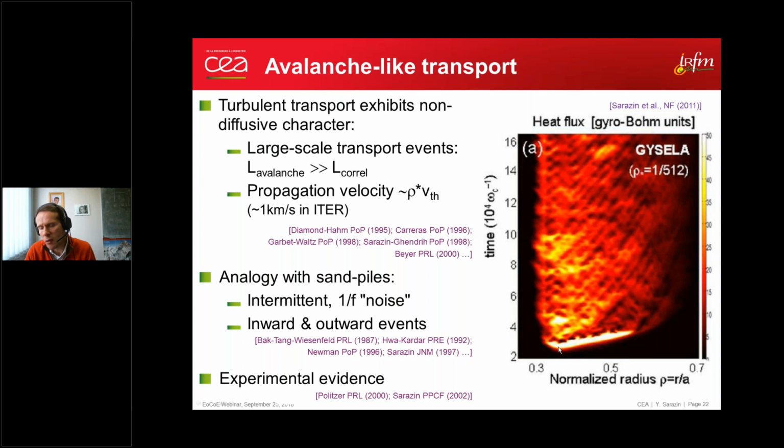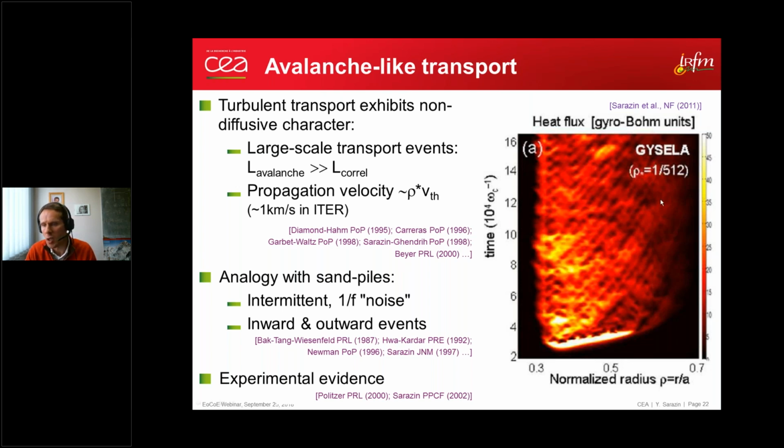And you can see that the heat flux is made of such structures that are almost aligned. Those correspond to avalanches which propagate on radial distances which are much larger than the correlation length of turbulence, which is of a few ion Larmor radii.